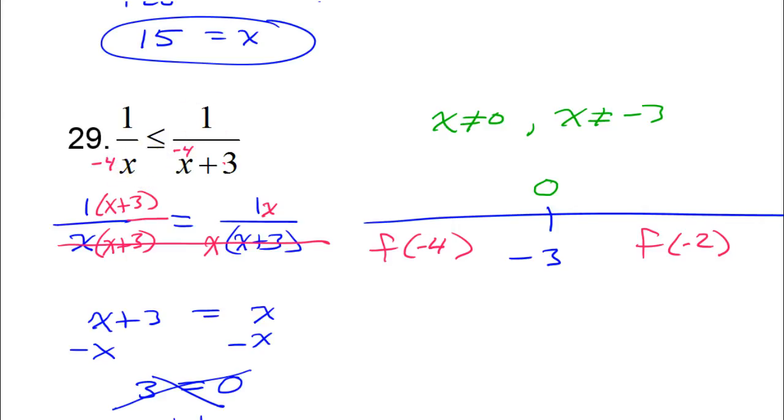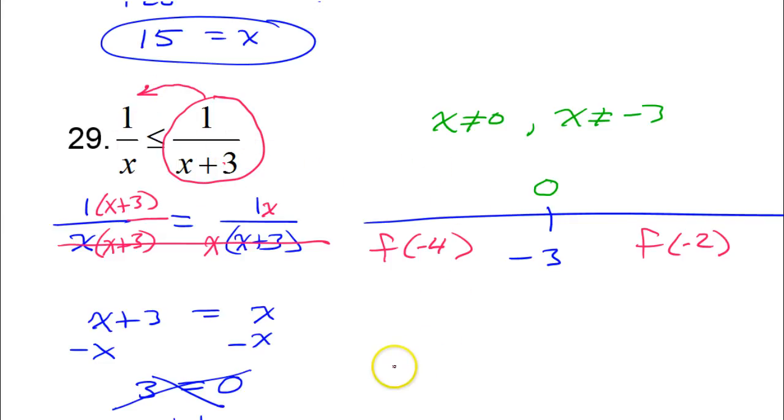or there's something else I can do. And here's what I think is the easiest thing. Let's rewrite this equation. I'm going to take this side of the inequality and move it over to the left by subtracting it from both sides.